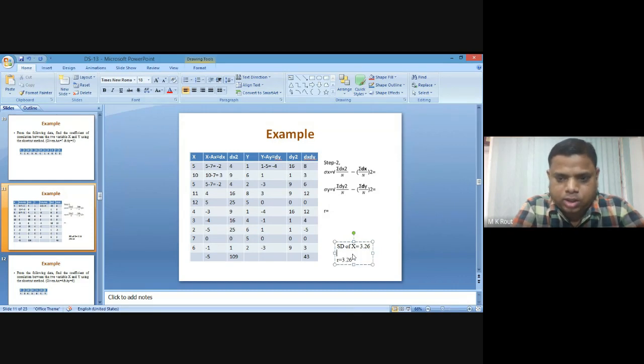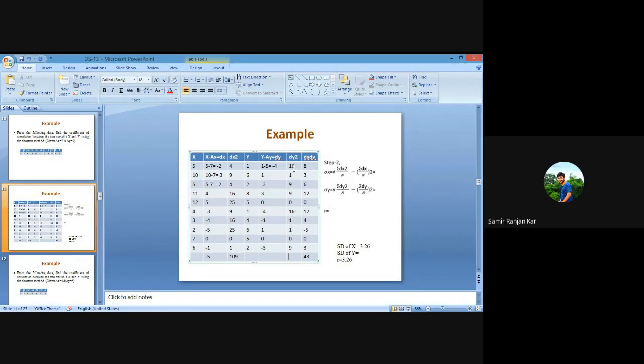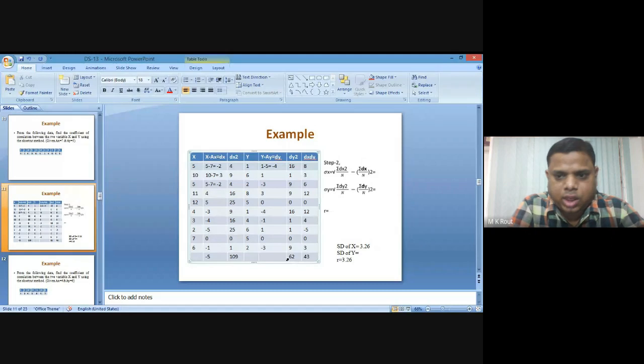Then if you calculate the standard deviation of y, the sum of d square is already given. How much? 62. And sum of dy is given how much?